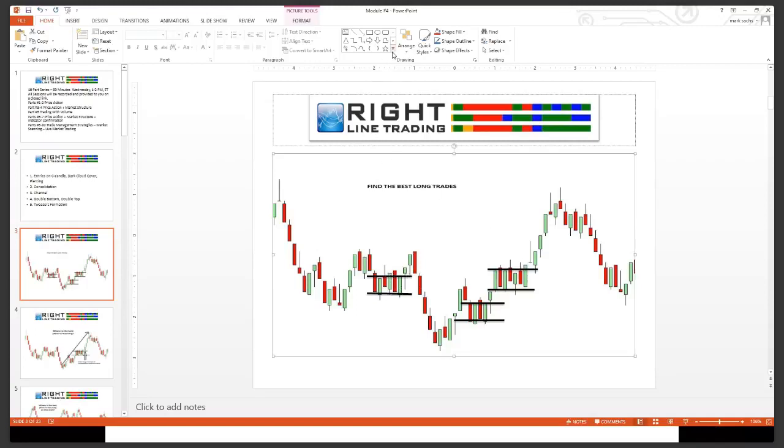So automatically, what we have now is we've given ourselves 3 long trades. Here's one. And remember, we want our long trades out of consolidation to be piercing candles to the upside.